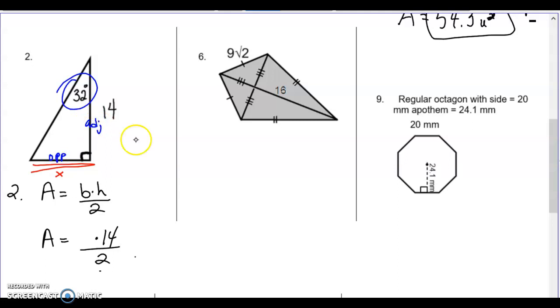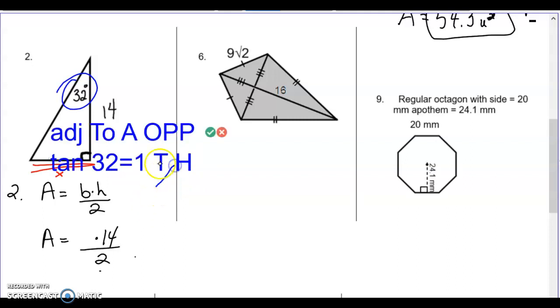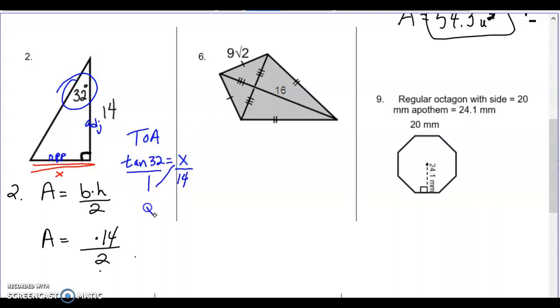So that means I'm going to be using TOA because I have the opposite and the adjacent. So it would be tan 32, the opposite was X, the adjacent was 14. And now I just cross multiply those together. So 1 times X is X, and then tan 32 times 14.